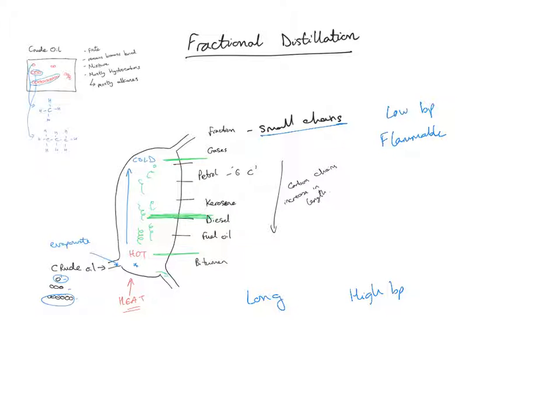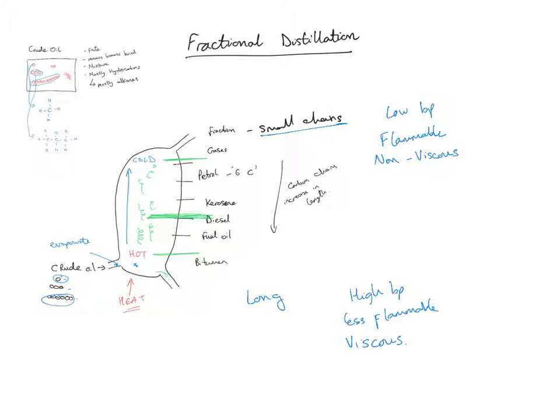So for example, methane, ethane, propane are really flammable gases, whereas bitumen is quite hard to ignite, so this is less flammable. And finally, we talk about the word viscous in terms of runniness. So if something's really runny, it's not very viscous. So the fractions at the top are runny, whereas bitumen is quite gloopy, it doesn't run very much. So we can say bitumen is viscous.